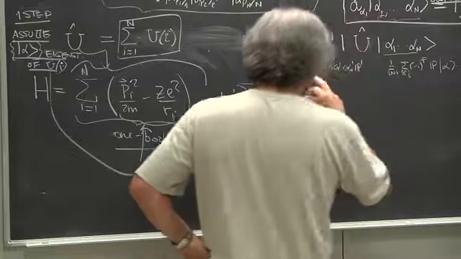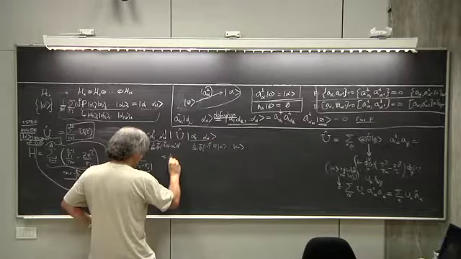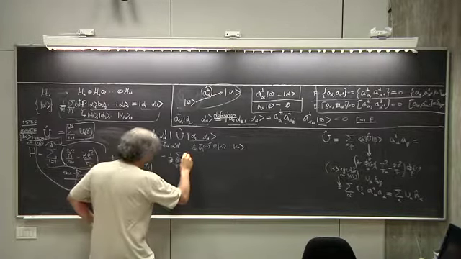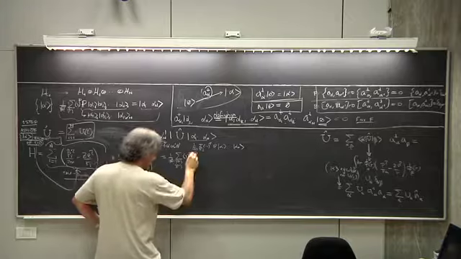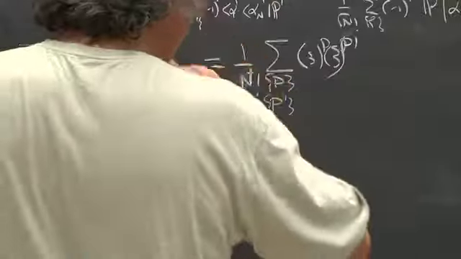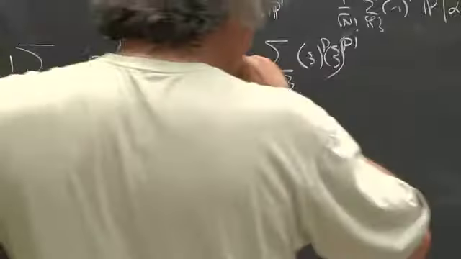But if you notice, this is essentially 1 over n factorial. Then there is a double sum over permutation P and permutation P prime. Then there is a factor, it is in general z to the P, z to the P prime, c or z, whatever. And then there is essentially the operator P prime.